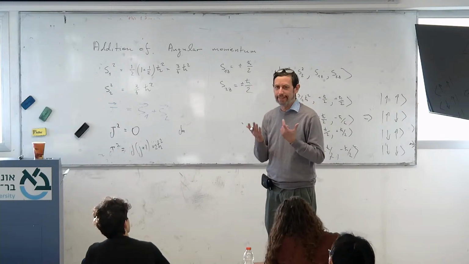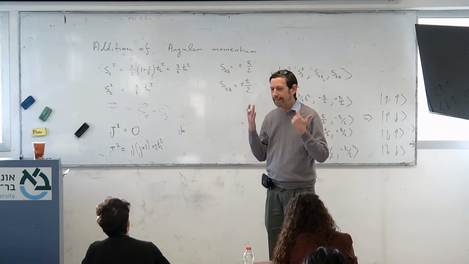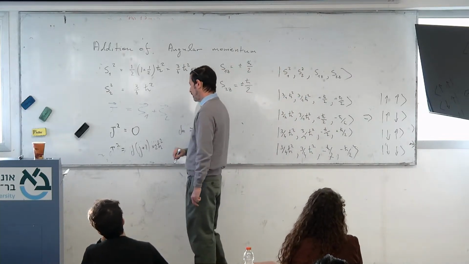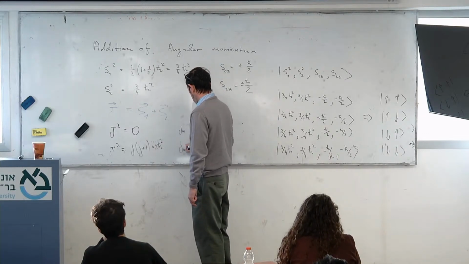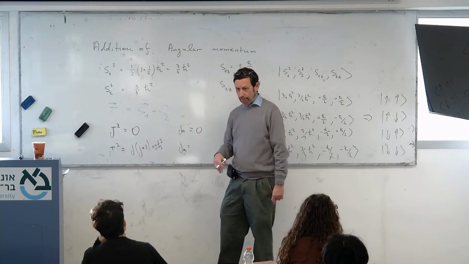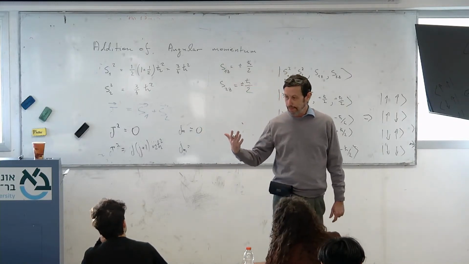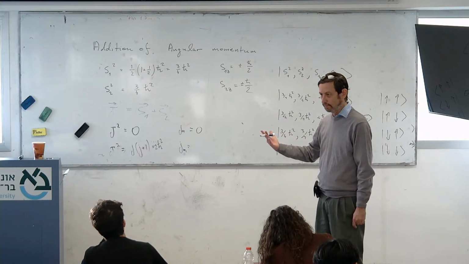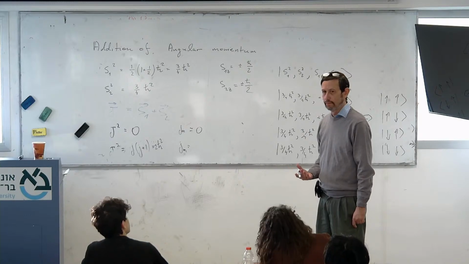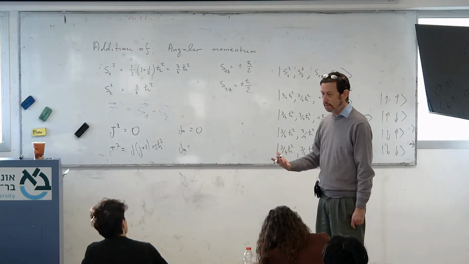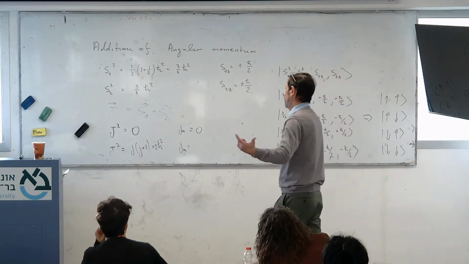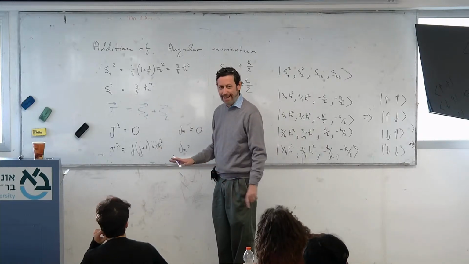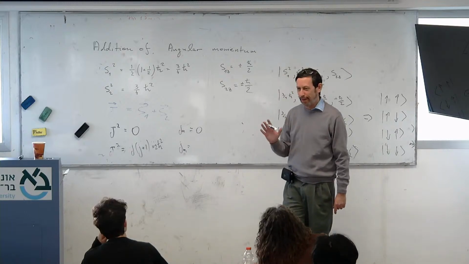If the total is zero, it must be 0, it can't be anything else but 0. For J squared where J is equal to 1, what are the possible JMs? 1, minus 1. Yes, and? 0. Yes, exactly. The mathematical structure is the same. You know already anything that you need to know about the structure.